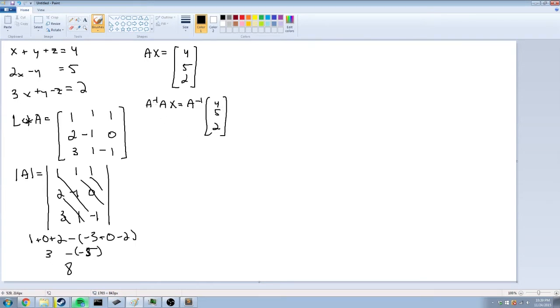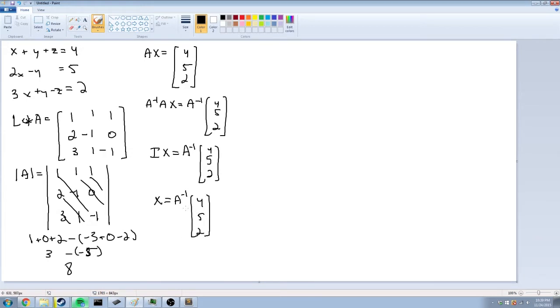And then the inverse of A times A is just I. So I times x equals inverse A times 4, 5, 2. And then you can just drop the I, so that it ends up being x equals inverse of A times this matrix 4, 5, 2.